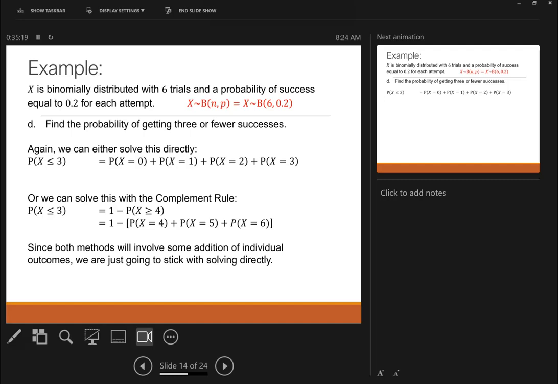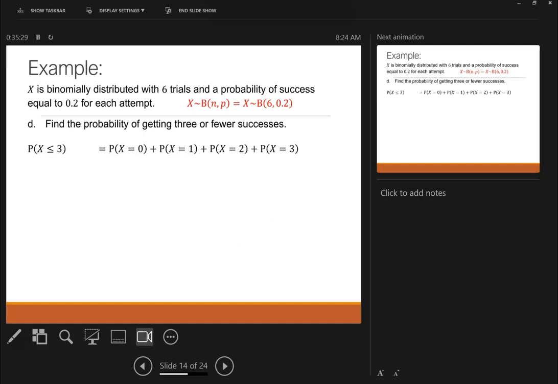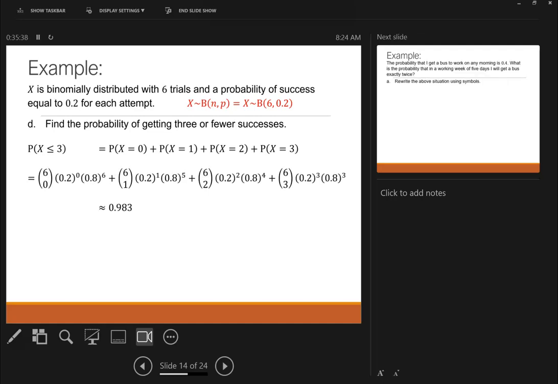Here it's just not really much of a time saver by using a complement. You guys see that? So let's just do this one directly, just for the sake of argument. So finding P of x is less than or equal to 3, I'm left calculating these 4 probabilities.